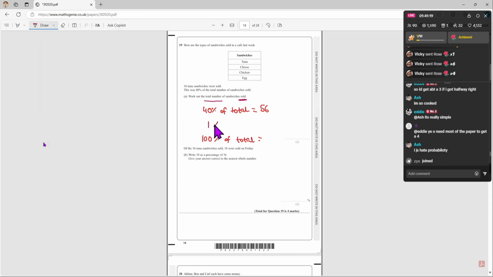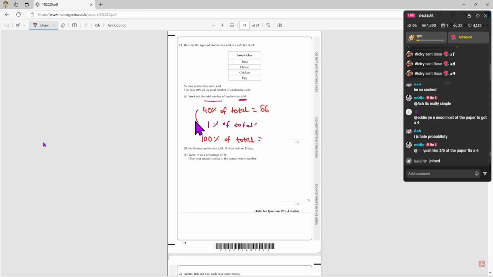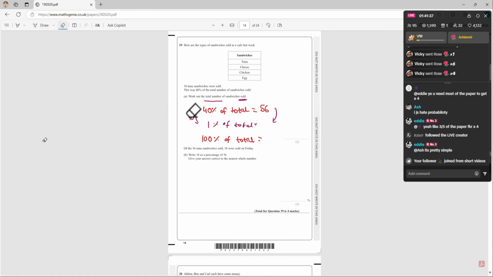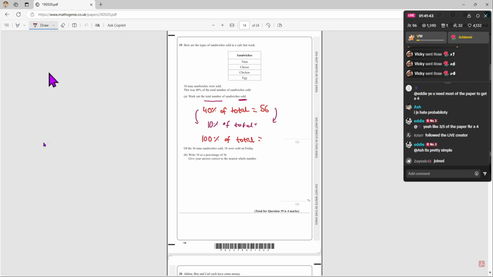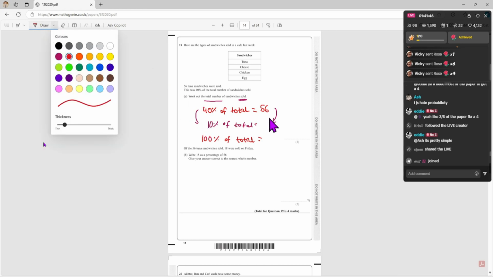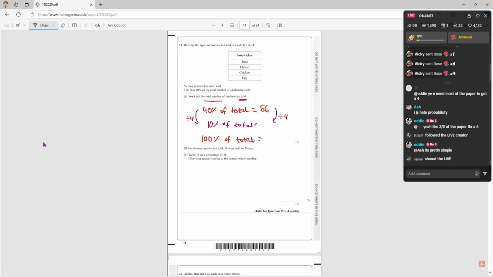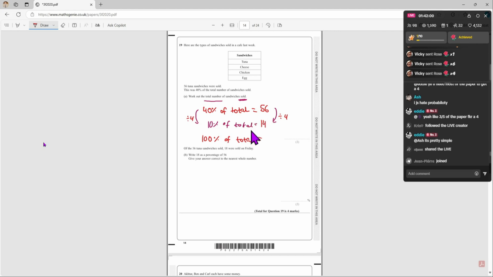We could work out 1% of the total by dividing by 40, but I think we should do 10% instead, because if you divide by 40 you will get a decimal, and I don't want a decimal. So we divide by 4 on both sides, and you get 10% of the total, which is 14.